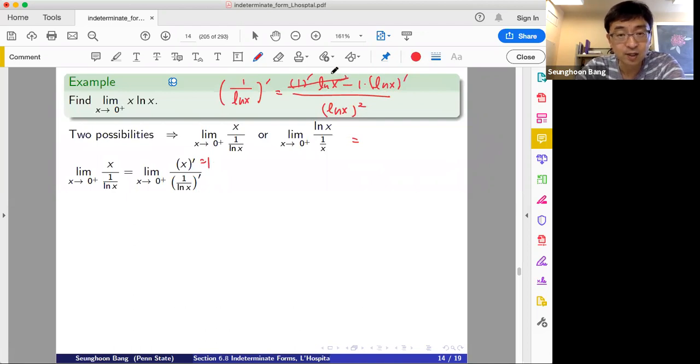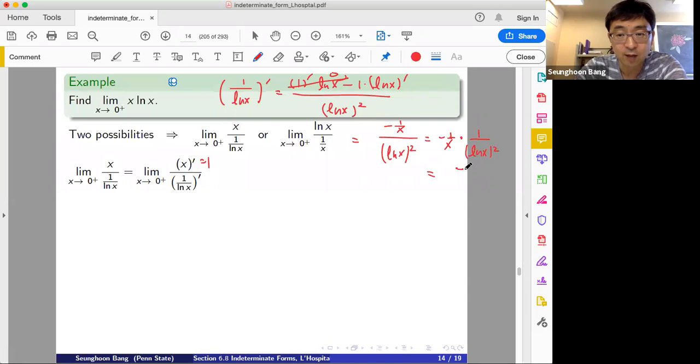1 prime is 0. ln of x prime is 1 over x, keep the negative sign, minus 1 over x, ln of x squared. Same as negative 1 over x times the reciprocal of the denominator, 1 over ln of x squared.